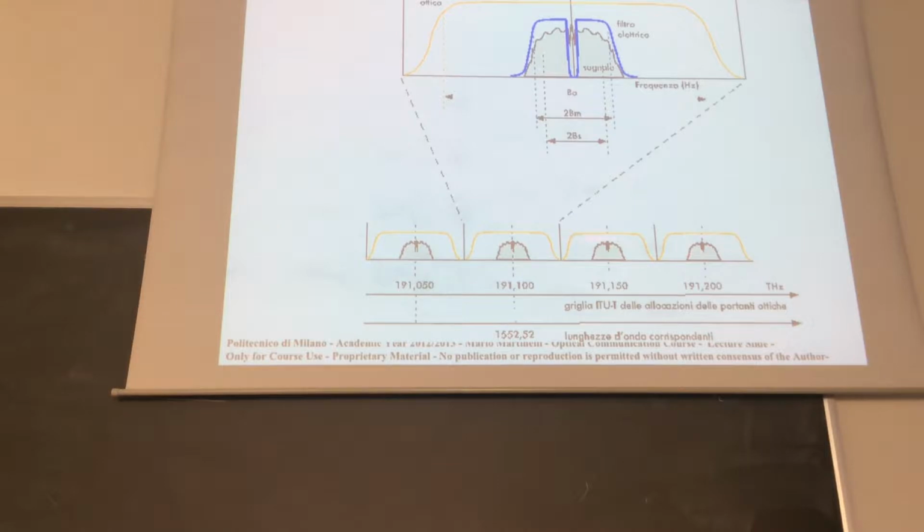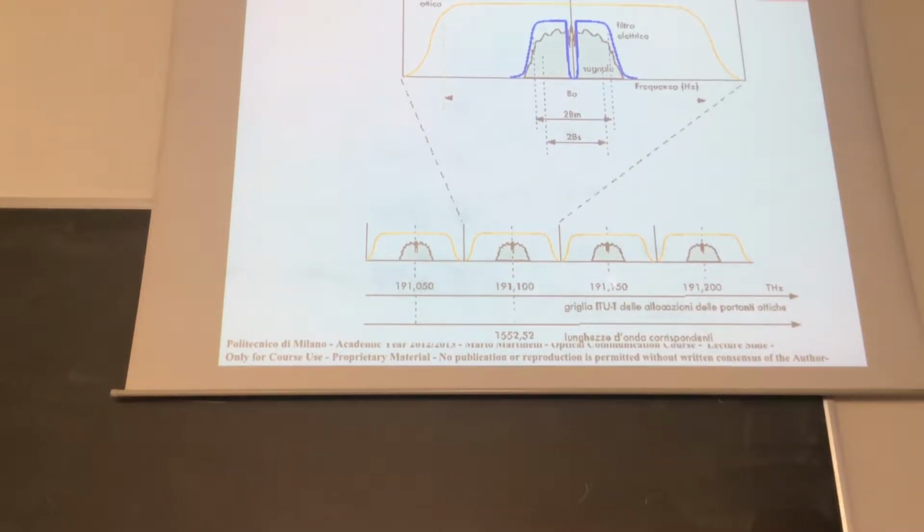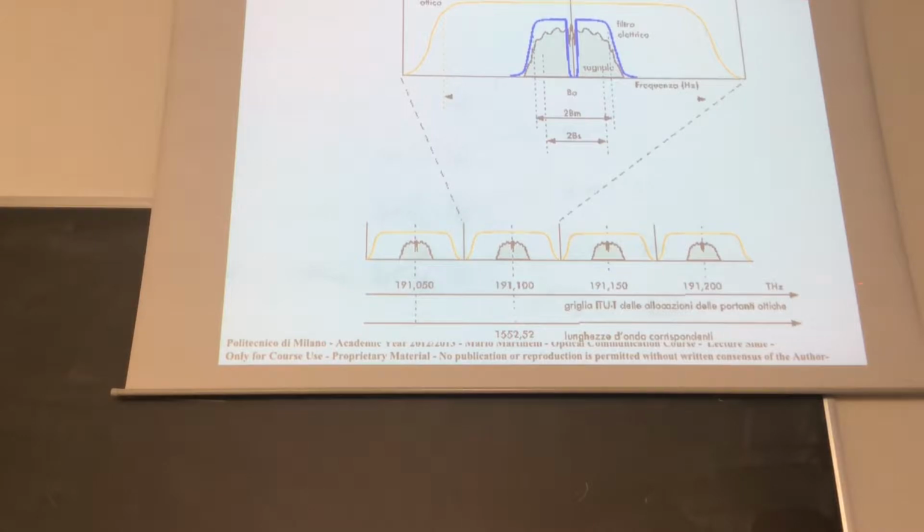And I remind you that this is organized following the ITU-T grid. It is organized from 191 terahertz, 191 terahertz plus 50 gigahertz, 191 terahertz plus 100 G, 191 terahertz plus 150 G, and so on. This is terahertz, the scale.